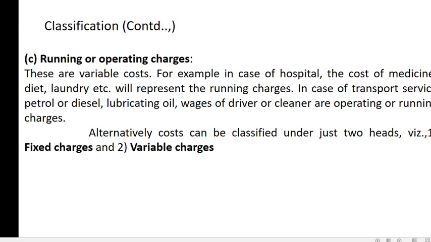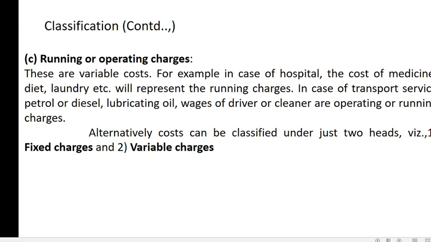Alternatively, the cost can be classified into two broad categories, that is fixed cost or fixed charges and variable cost or variable charges. It has to be noted that there are no hard and fast rules on classification of cost. An item of cost may be considered as variable in one circumstance and in another it may be considered as fixed.